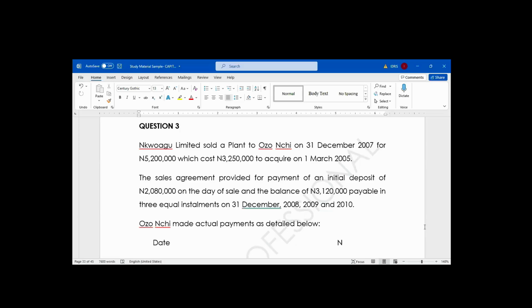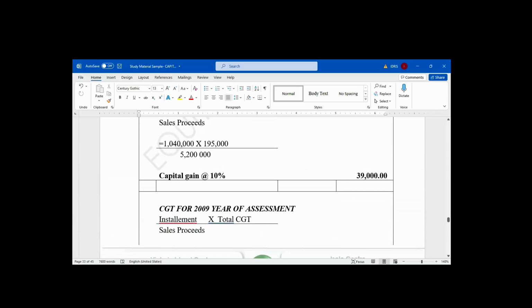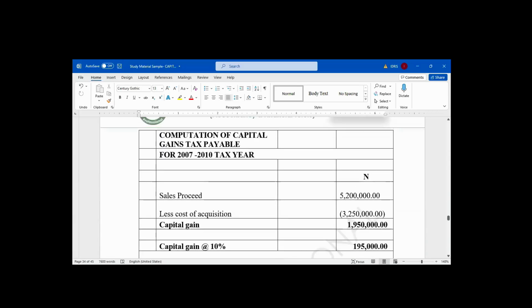Quago Limited sold a plant to Ozonchi on 31st December 2007 for how much? 5.2 million, which cost 3,250,000 to acquire. That means how much did Quago acquire that asset for? 3.2. So if you want to compute the capital gain on the asset, how much is the capital gain? 5.2 minus 3.2.